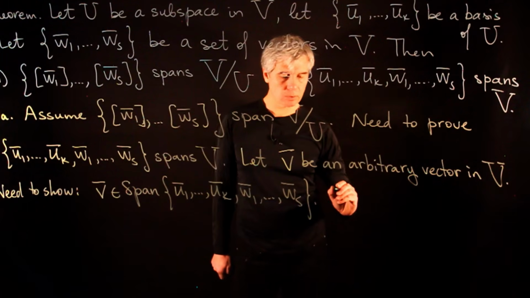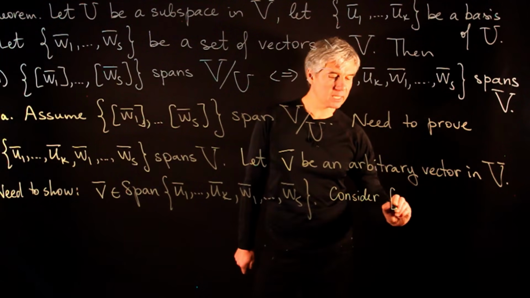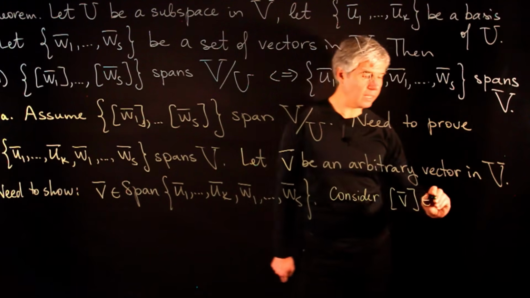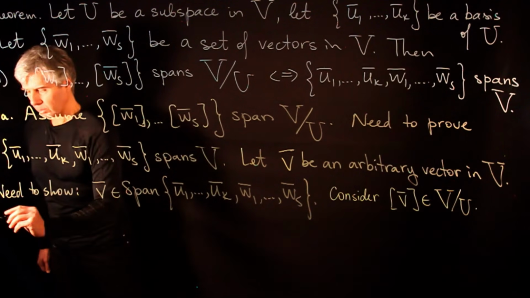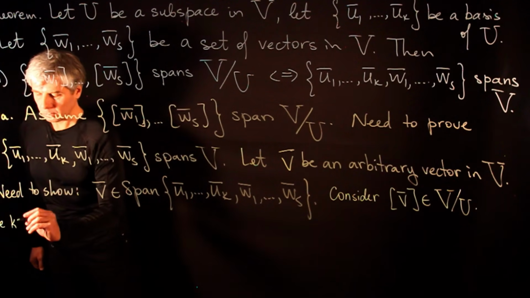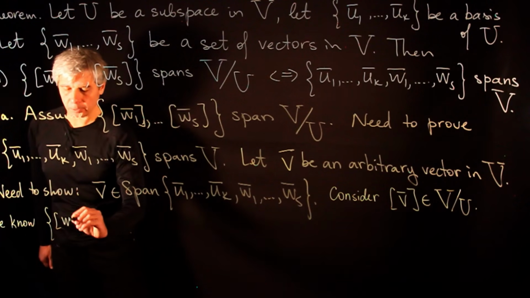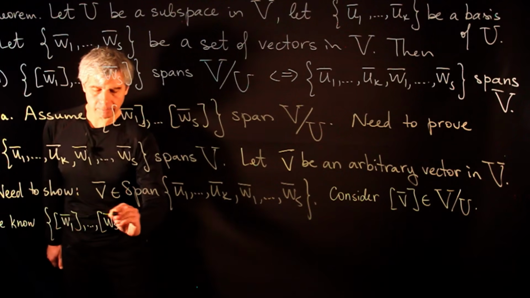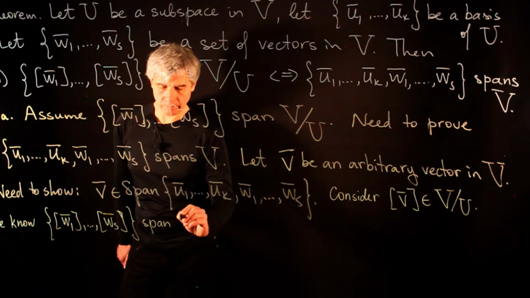So how do we do this? We consider the equivalence class of V as an element of the quotient space. We know that equivalence classes W1 through WS span the quotient space.